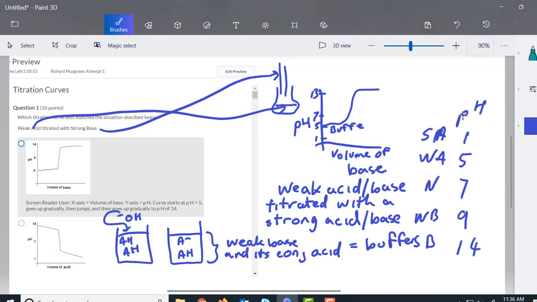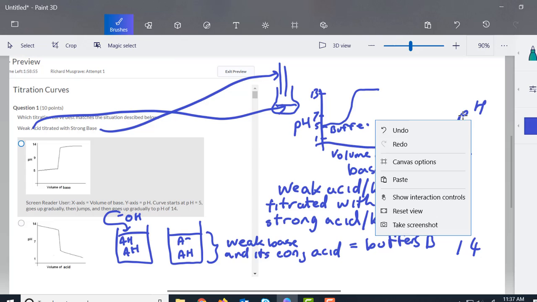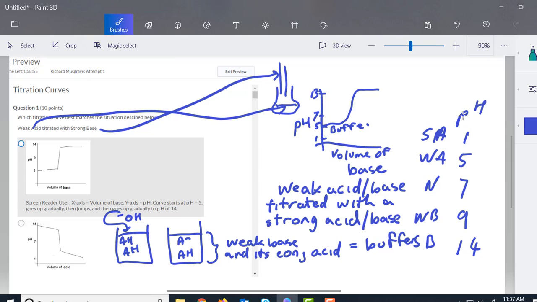Sorry about that. For some reason I'm having trouble writing the word buffer here. Let's try that again. There we go. So we've got a buffer down here.